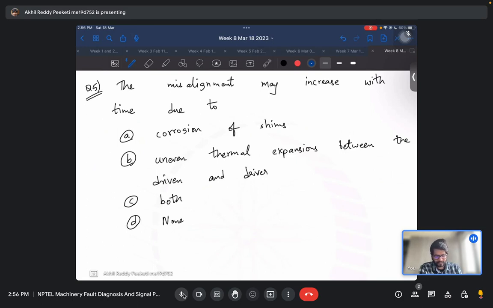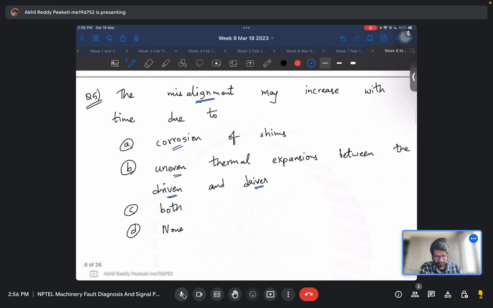So what would actually cause the increase in misalignment with time? Corrosion of shims, or the uneven thermal expansions between the driven and the driver shafts, or the couplings.